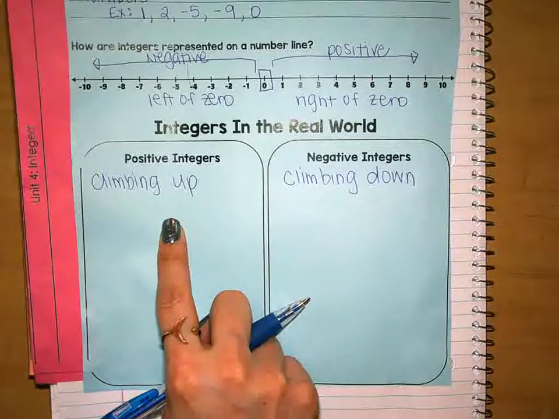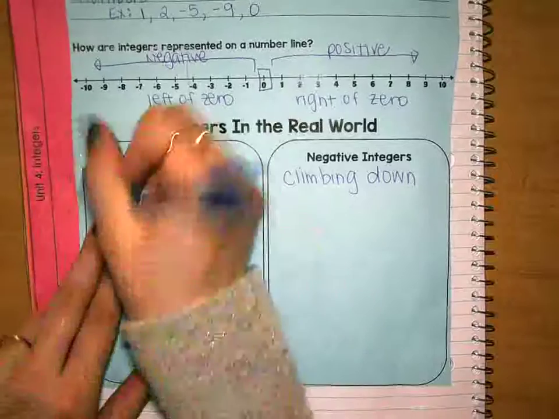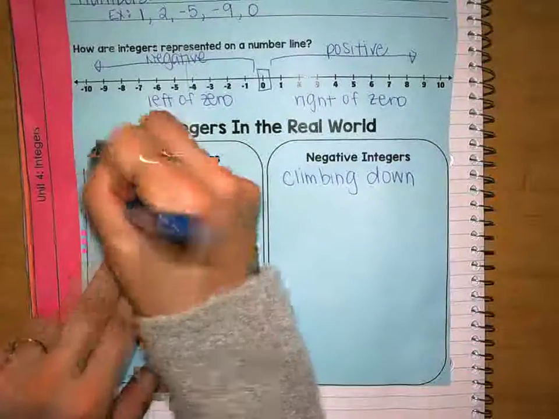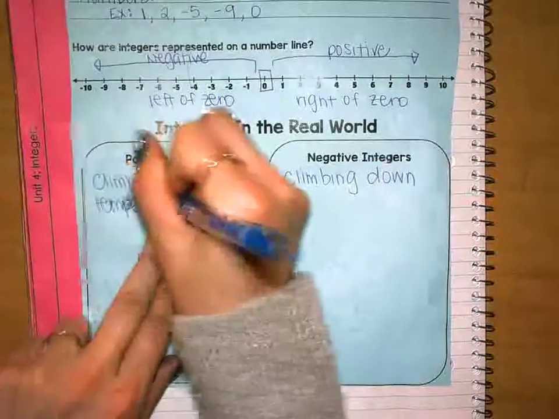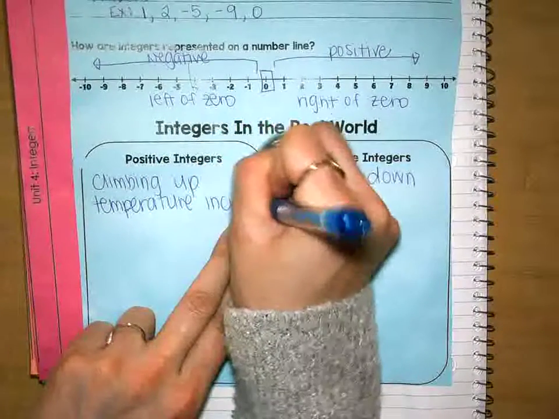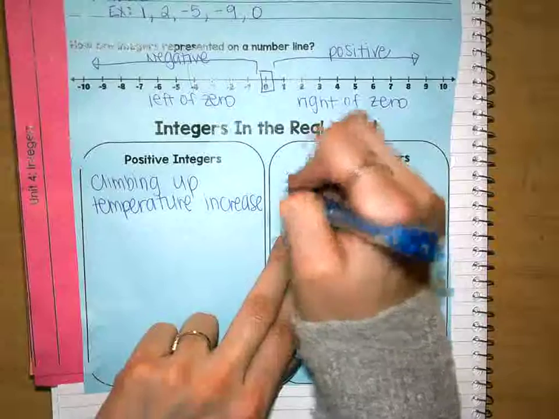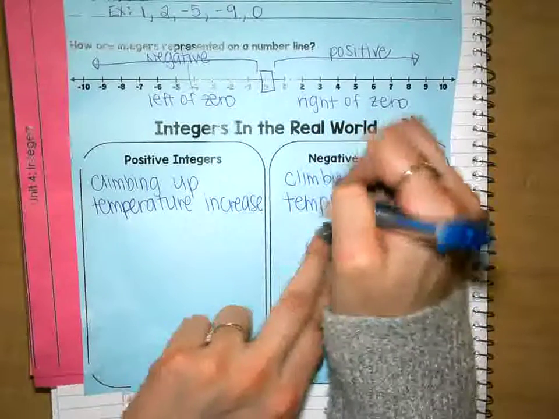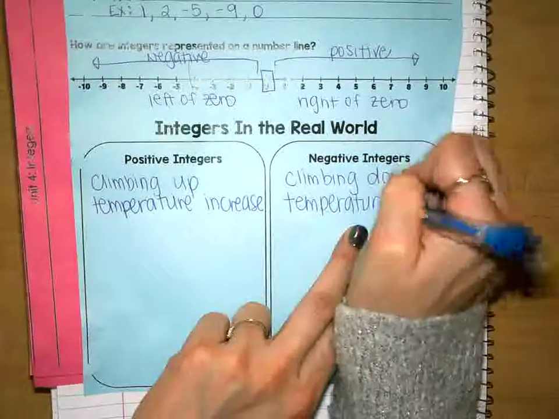And if I have a fever, it's what? So that means my temperature is increasing, correct? So if I have a temperature increase, it's a positive integer. If we say temperature decrease, it's a negative.